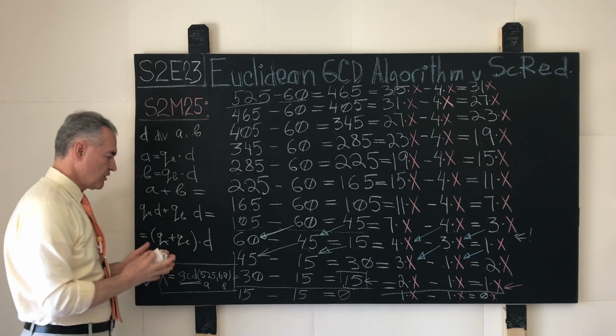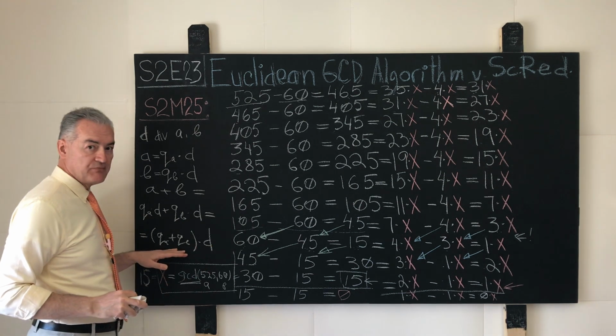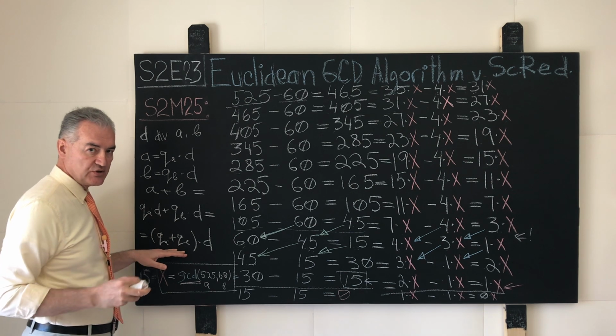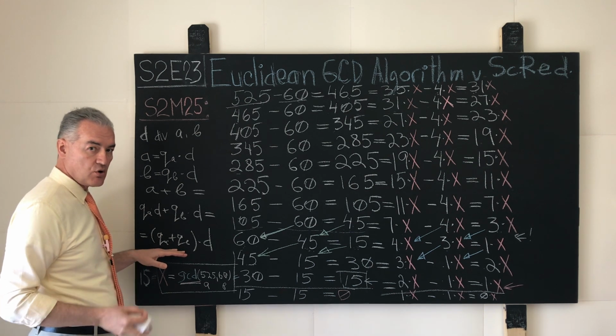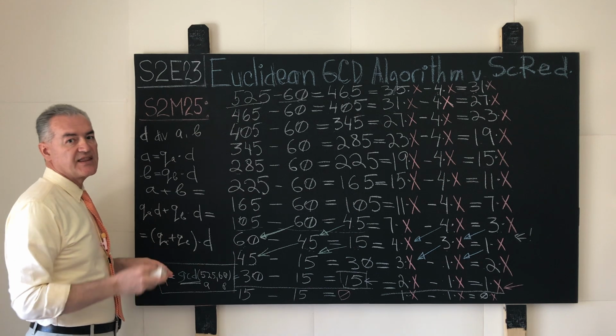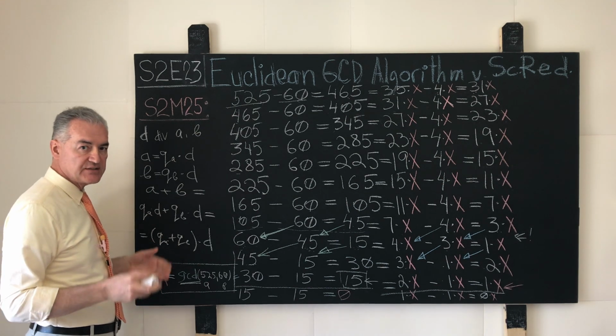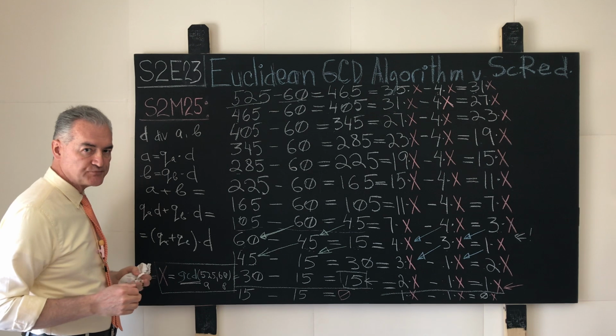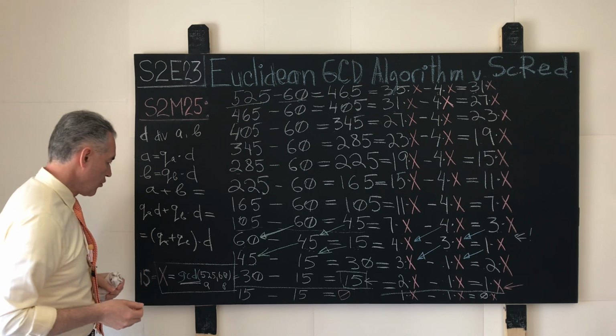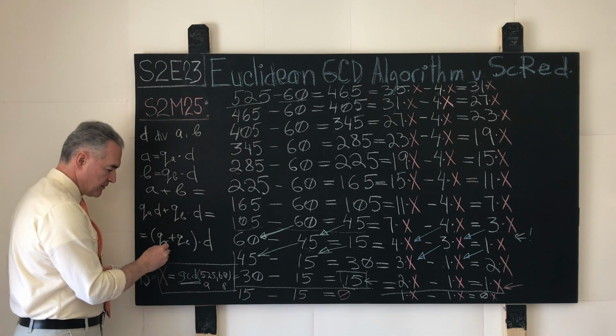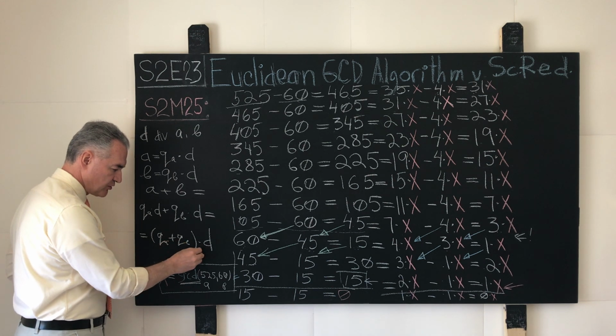And what can we say? Well, the set of all whole numbers, or the set of integers, is closed under the operation of addition. In other words, the sum of any two integers is an integer, or the sum of any two whole numbers is a whole number. And that means that the sum of these two whole numbers is a whole number.